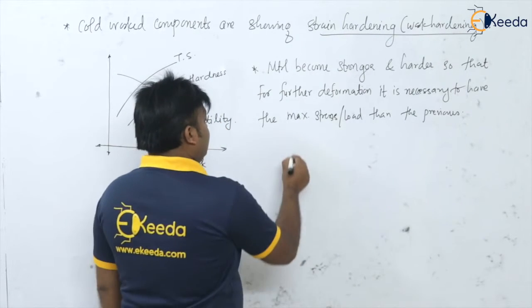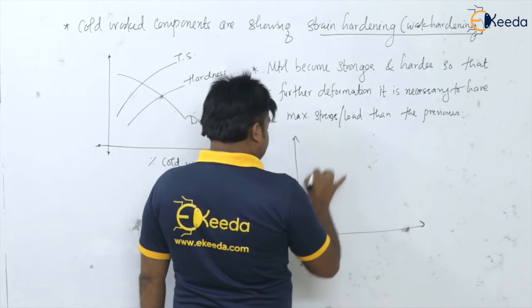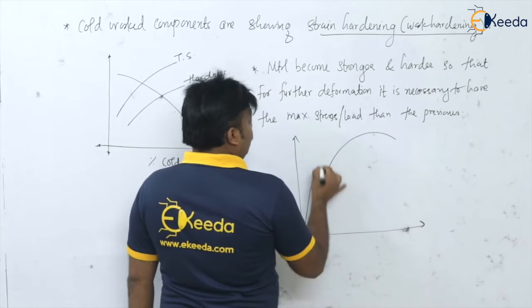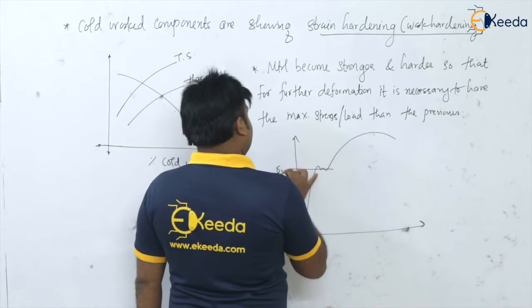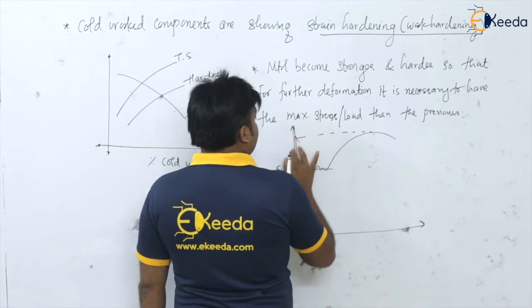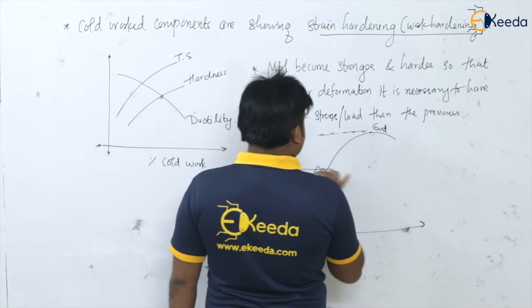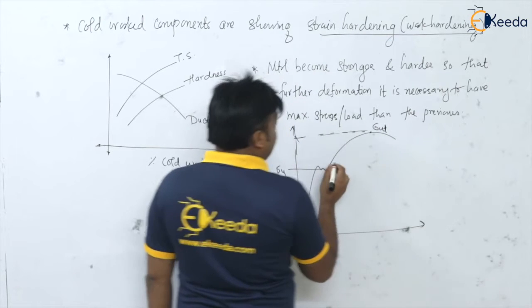So as from the stress strain curve, it is very much clear that after the yielding, from this yield stress up to this ultimate strength or stress in this curve, sigma ultimate, this is sigma y. So here look at this curve.